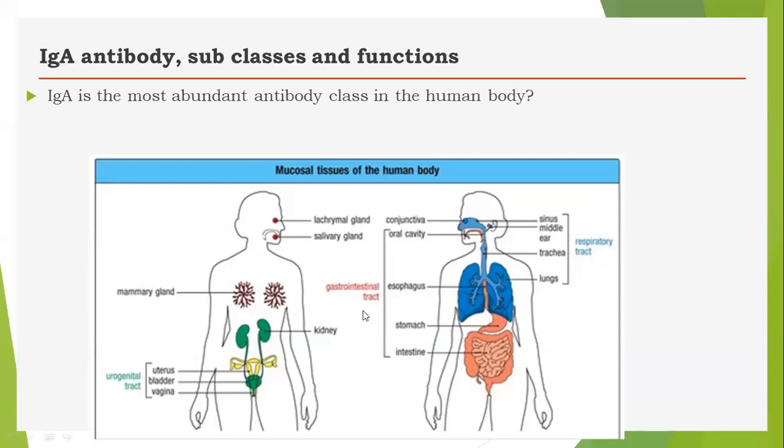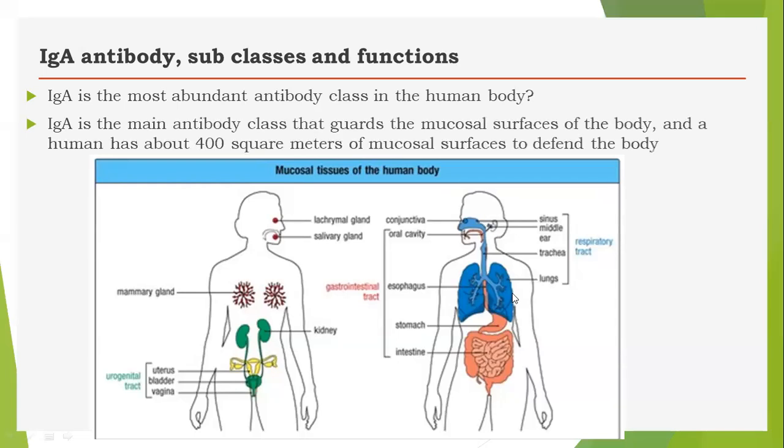All these areas have mucosal lining. The eyes, all those areas have mucosal lining. And the most important immunoglobulin lining all these surfaces is immunoglobulin A. Let's talk about the intestines, the stomach, the esophagus, okay? The trachea, the lungs, the sinuses, the oral cavity, name it.